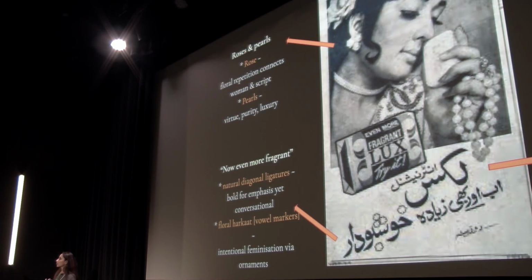In fact, the rose repeats what we see in the ornamented khushbudar word below, with those small floral vowel markers that we just talked about. And this repetition connects the woman's body with the written script through ornamenting, almost mirroring each other.